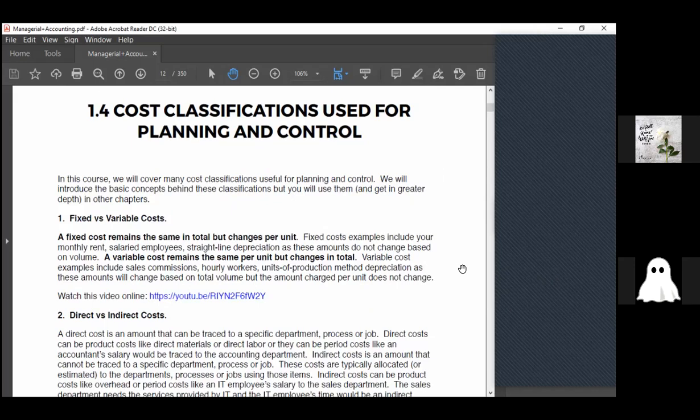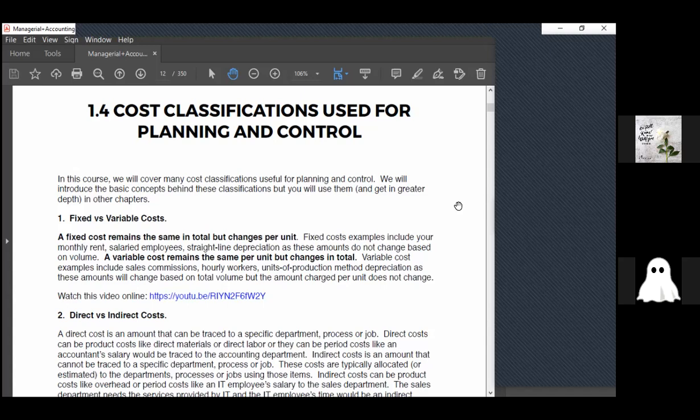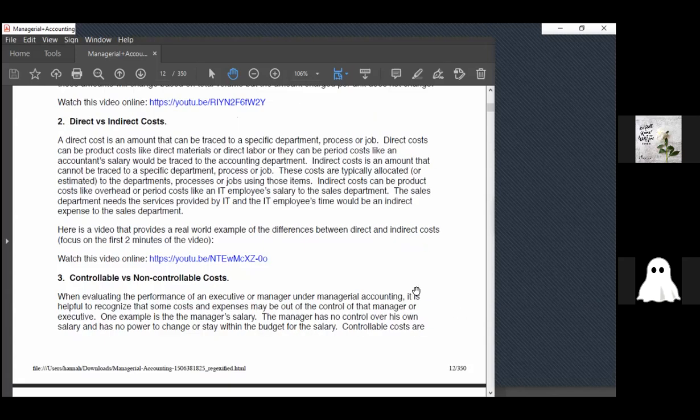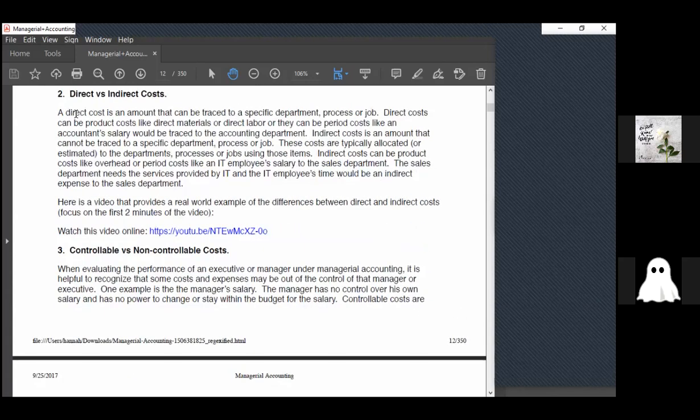Whereas somebody who is not working in the manufacturing process, but is still working in the manufacturing plant, may not be a part of your direct material. Okay, so these things we have looked at yesterday, fixed versus variable cost, we know already. Direct versus indirect cost, we looked at now. So direct costs are something that you can relate directly to the product. Indirect costs are not directly relatable to the product.